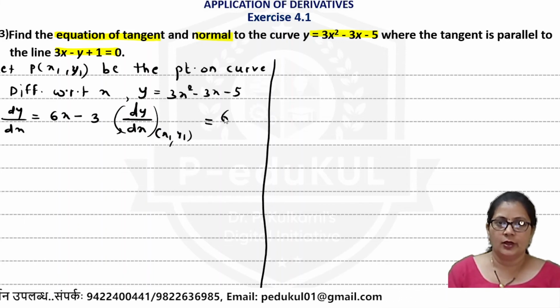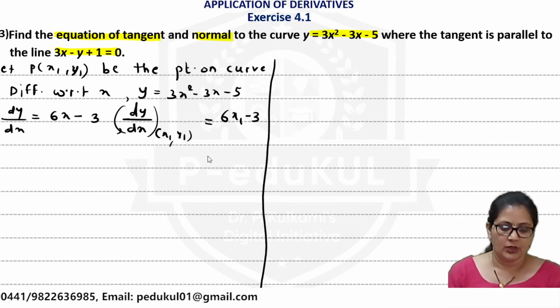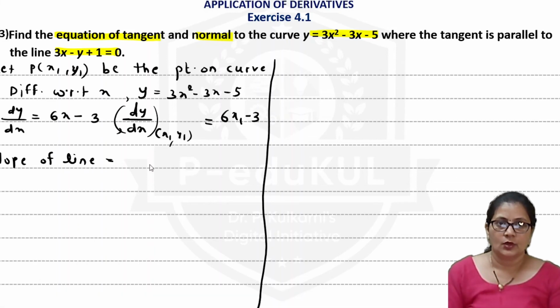So now I will get this at the point (x1, y1). My slope will be 6x1 minus 3. Correct? And then I will calculate the slope of the line. Slope of line is minus a by b.